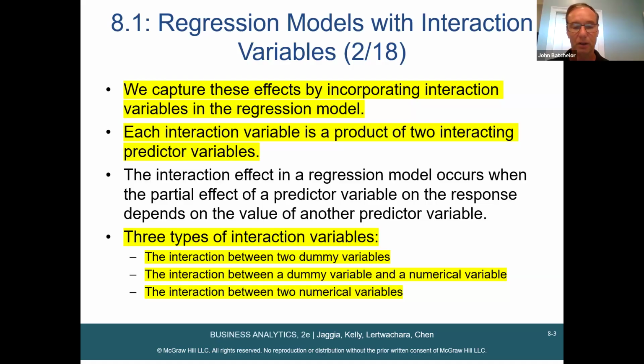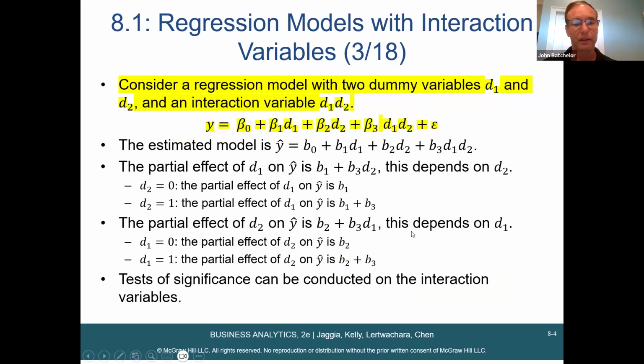Or you can have two numeric variables, like number of bedrooms and square footage. So there are just different ways you can go about it. In the example I work in the video, I just use two numeric variables, but the process is exactly the same if you're using two dummy variables or a dummy variable and a numeric variable. You just multiply them together. So I didn't see the point in making three different videos.